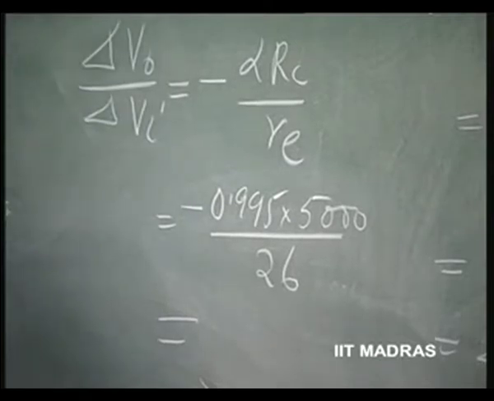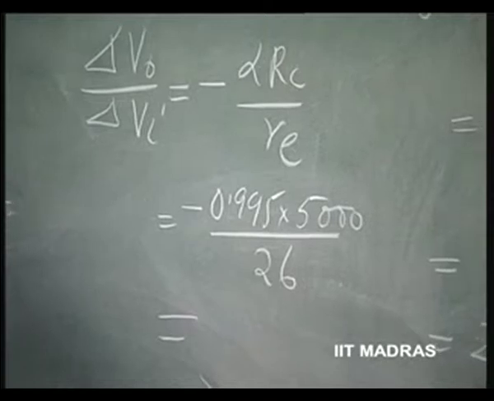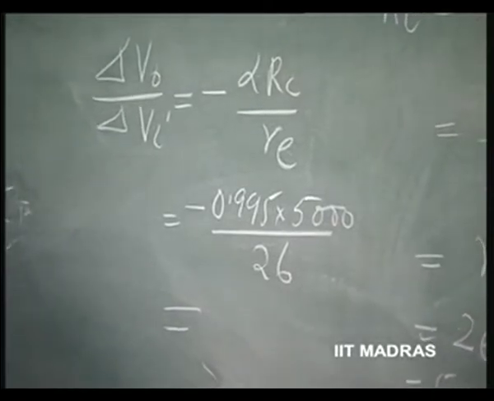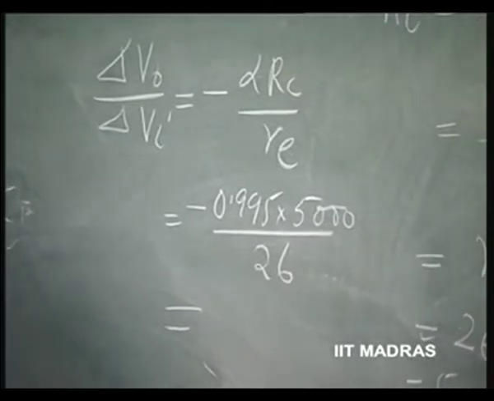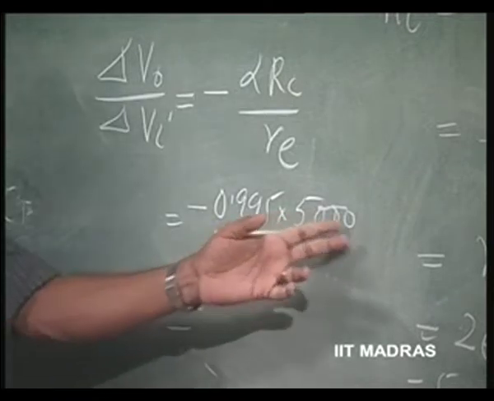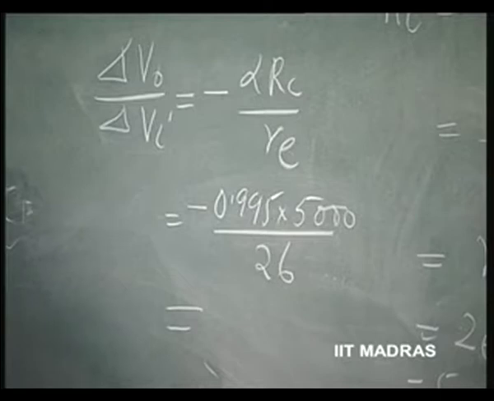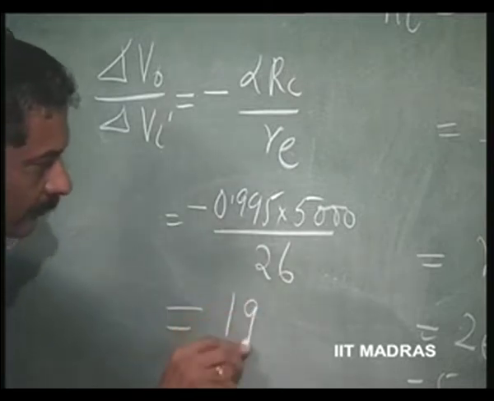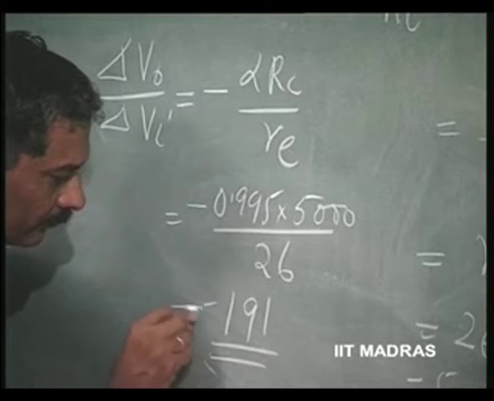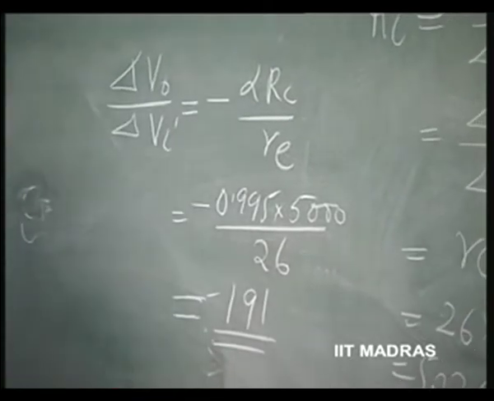It's about 200, right? How much is it? Please calculate. This is about 200. 191. That is the voltage gain.